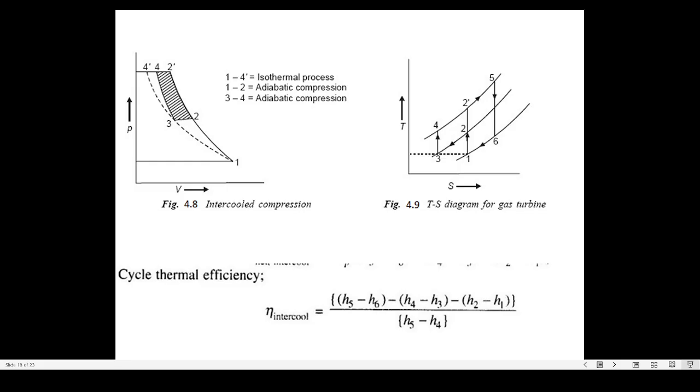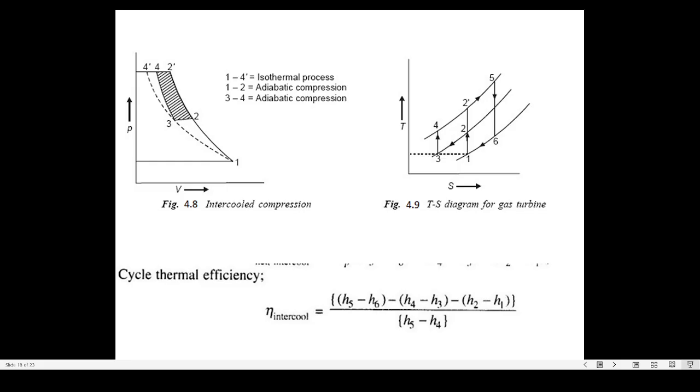After the heat addition, the temperature reaches the maximum value, the temperature at point 5, T5, or in other words, T5 is nothing but the temperature of the gases entering the gas turbine. Tmax is equal to T5. So process 4 to 5 is nothing but the constant pressure heat addition in the combustion chamber.